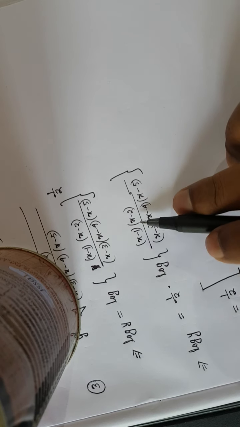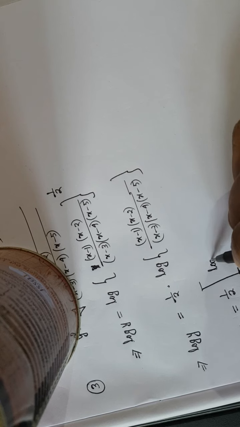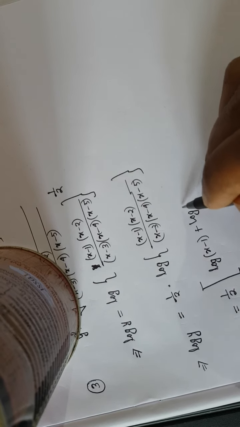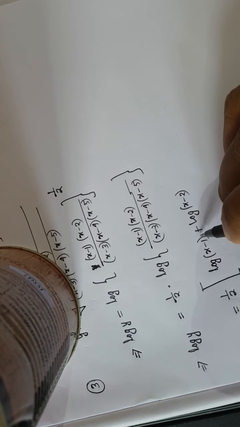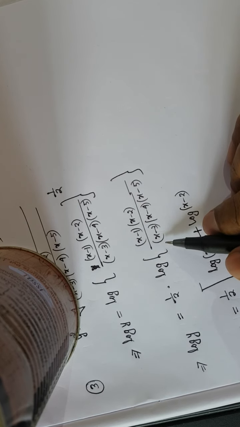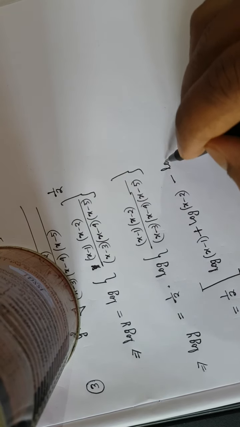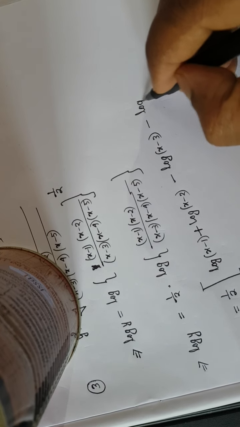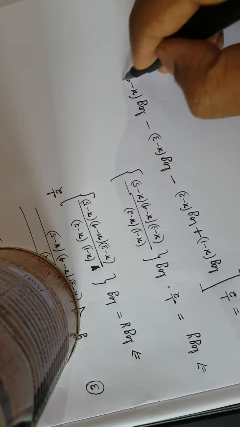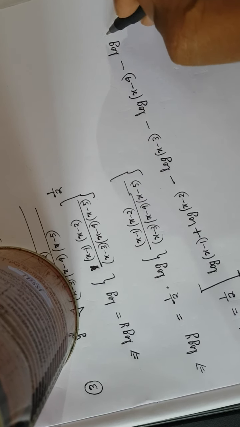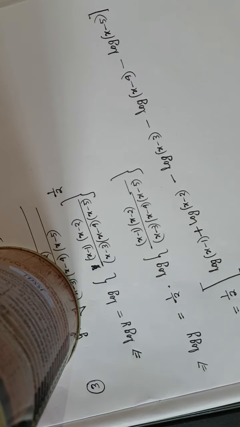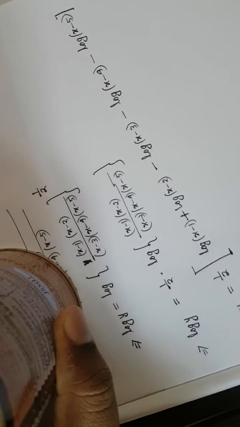In logarithm, when it is a product, we write log of AB is equal to log A plus log B. But here it is division. We'll write minus log of x minus 3, minus log of x minus 4 and minus log of x minus 5. Now we got a linear function.